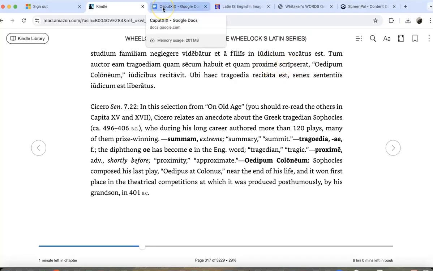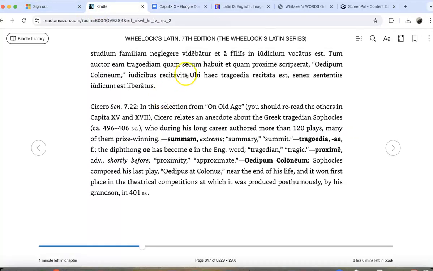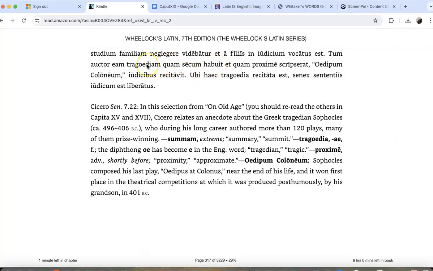So let me write this out and then I'll explain it. Okay, so he had with him that tragedy, quam, that he had written recently.